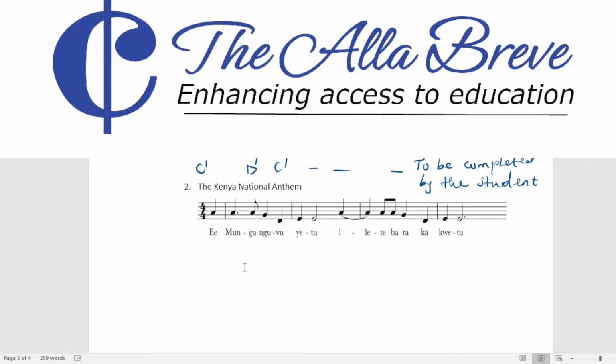These are notes which we are familiar with. Crochet, but we have not looked at dotted crochet. The function of the dot is to increase the crochet by half. Half of a crochet is a quaver, which means the dot here will be equivalent to a quaver.